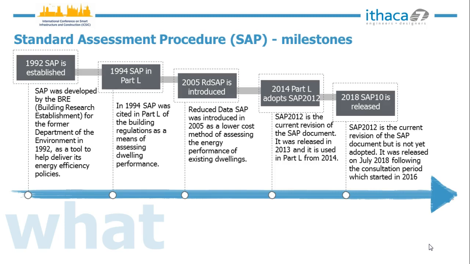It's very important to remember that SAP 10 is not yet included in Part L. Part L, which is the building regulations, still talks about SAP 2012. So in the new release of Part L, we will see the implementation of SAP 10. So still we design with the old system.